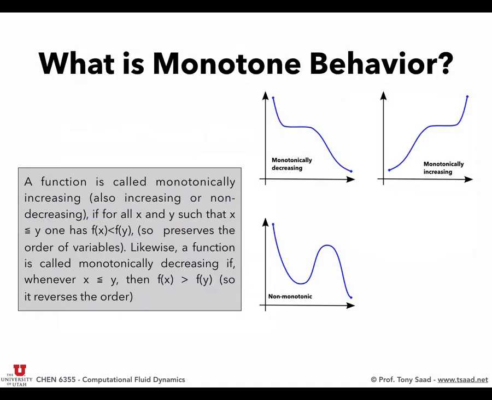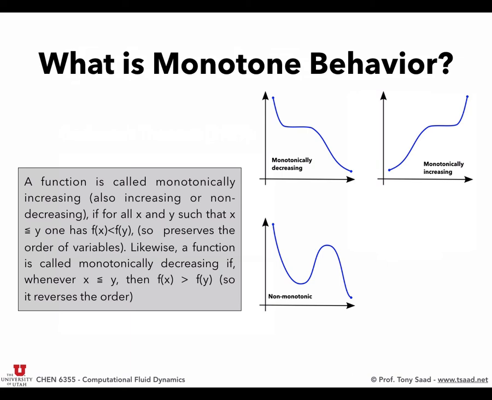So what's monotonicity? Visually, these are monotone functions. The formal definition is that a monotonically decreasing function is such that if x is less than y, then f of x is less than f of y, and the order of x and y, f of x and f of y, is preserved.